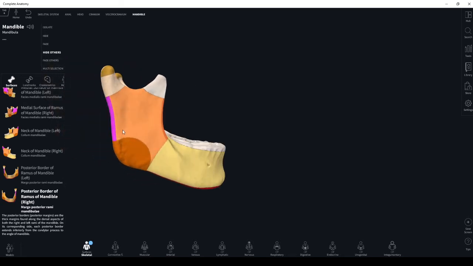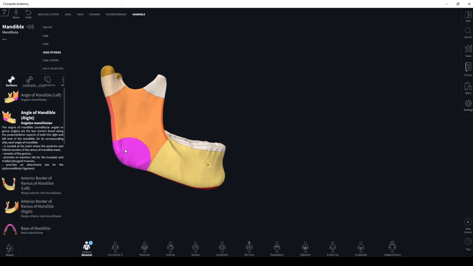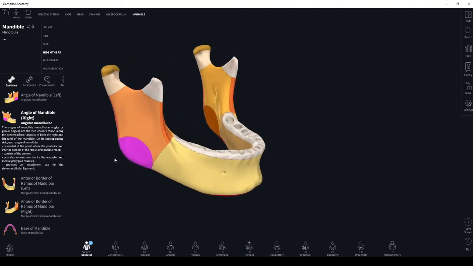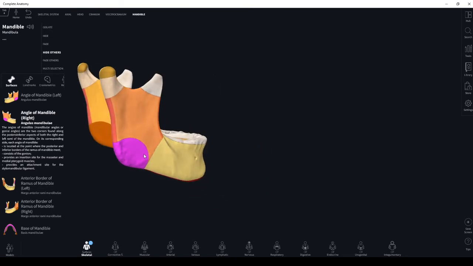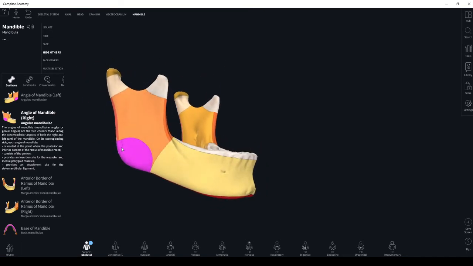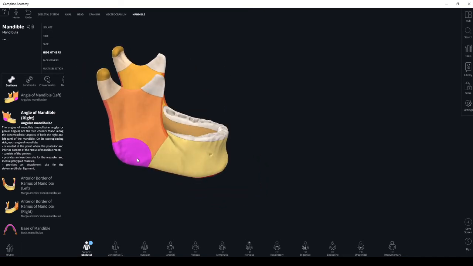On the border between the ramus and body is present the angle of the mandible, the mandibular angle or gonial angle. There are two corners found along the posterior inferior aspect of both the right and left ramus of the mandible.